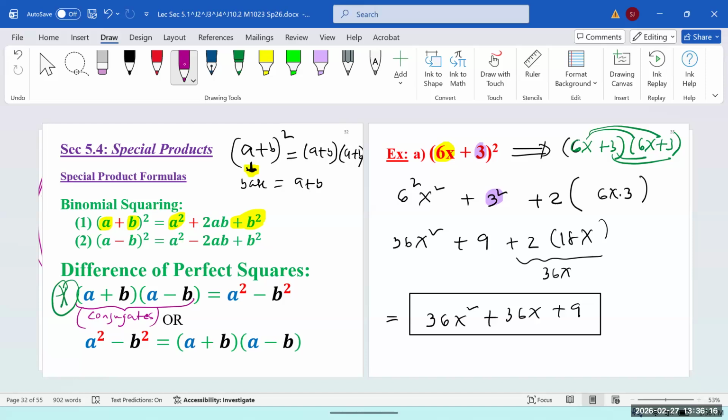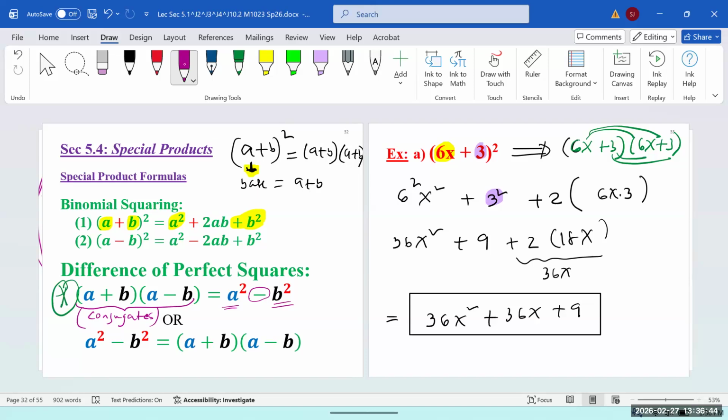And if you observe the result, we have two perfect squares and a minus between them. So they have a special name. We call them difference of perfect squares. So for difference of perfect squares, we can actually go backward. If they give you difference of perfect squares, we can factor them.